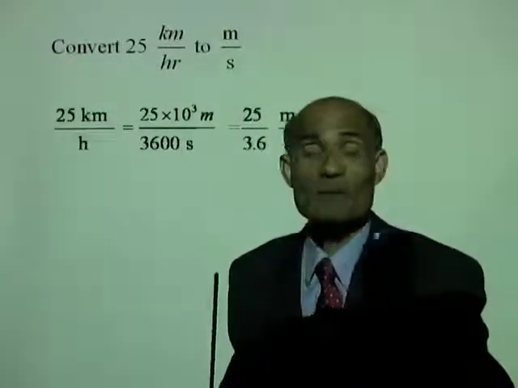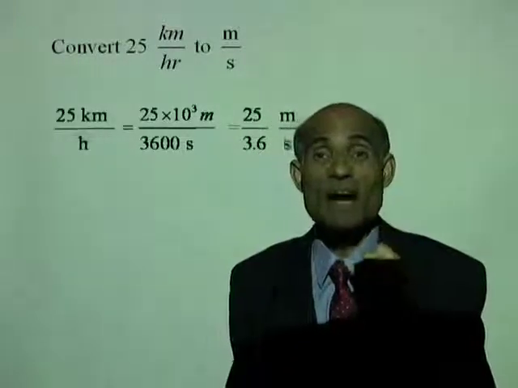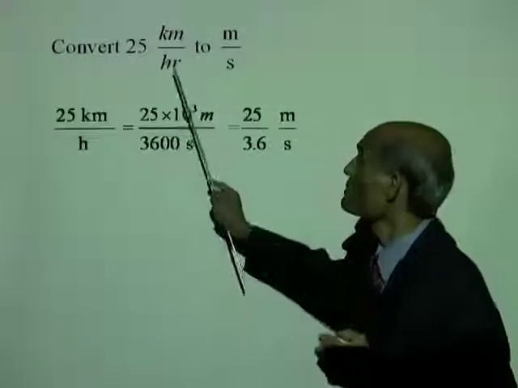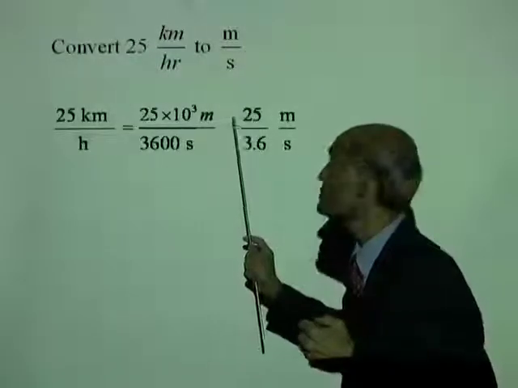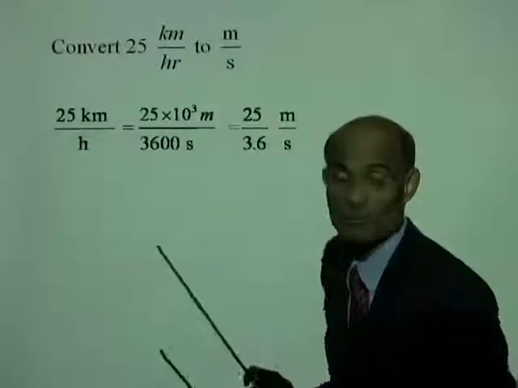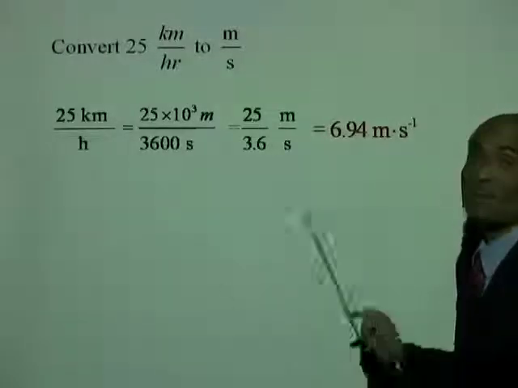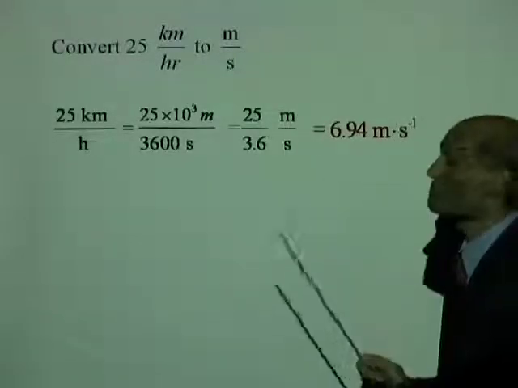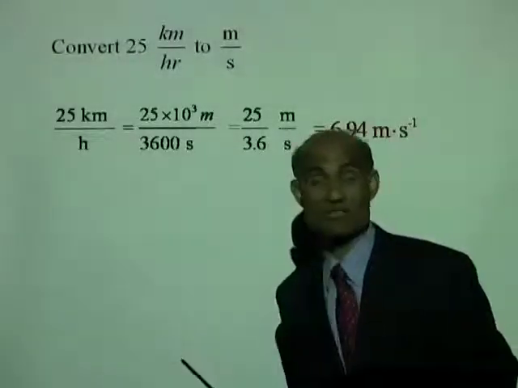Kilometer per hour can be converted to meter per second by simply dividing by 3.6. So 25 kilometer per hour is 25 divided by 3.6 meter per second, and that is 6.94 meter per second.